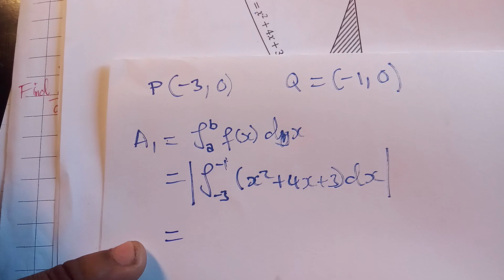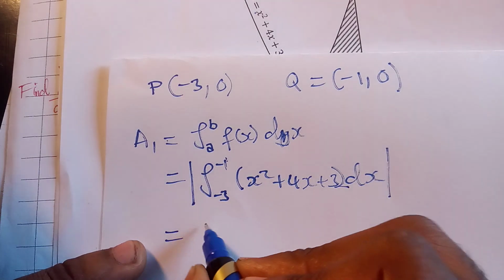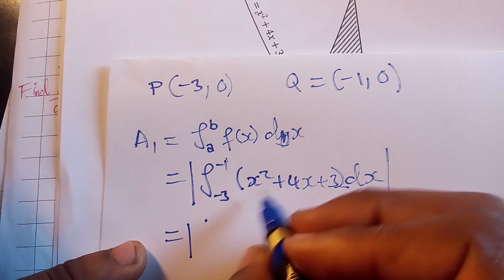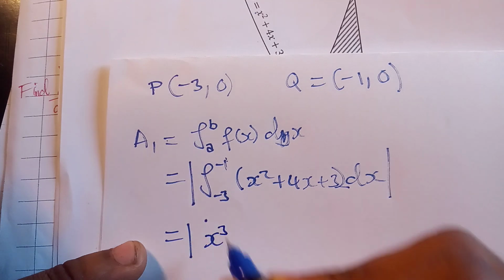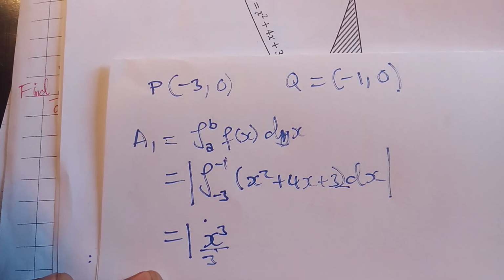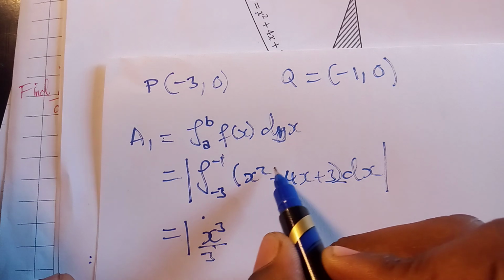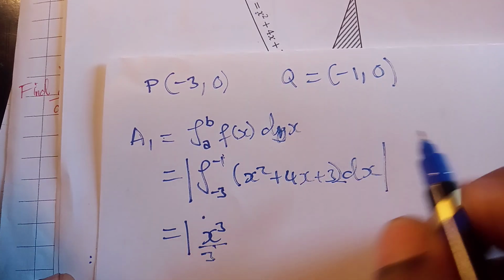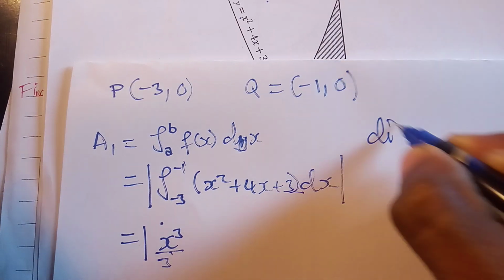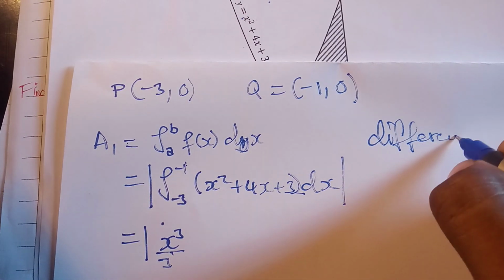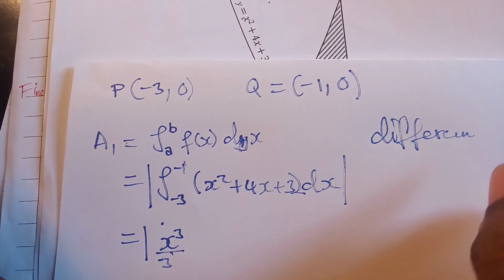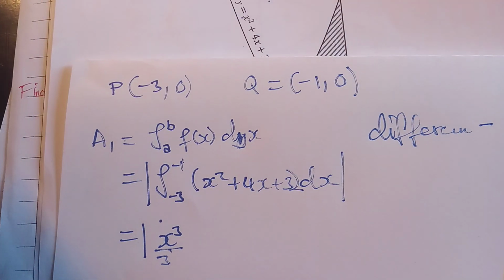Okay, so now if we integrate that, we have x to the power 3 over 3. Remember, when integrating, you increase the power by 1. It is only when you are differentiating that you get the difference, which is subtraction.